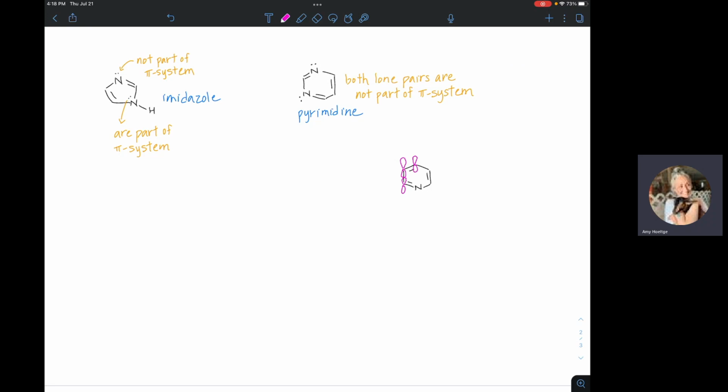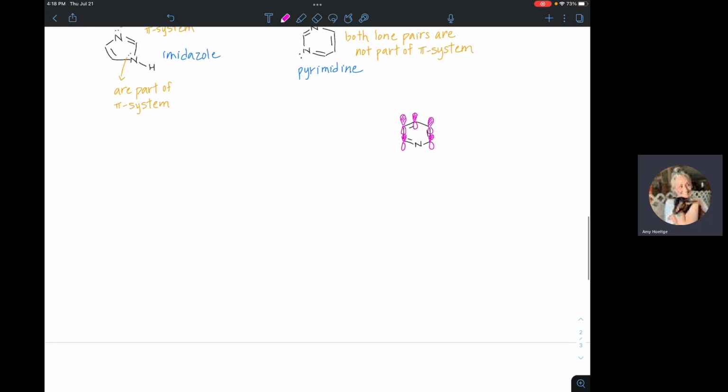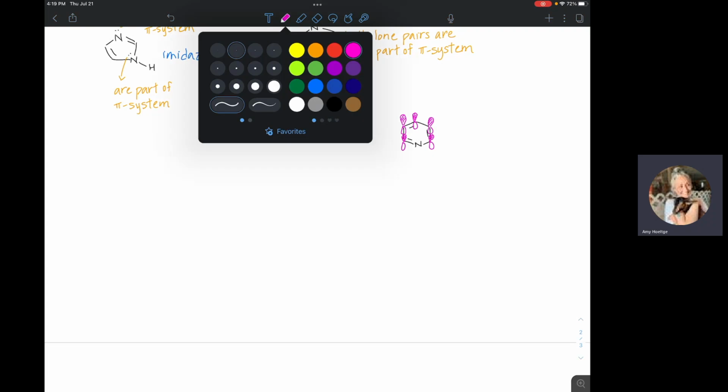Not the easiest thing to draw very clearly, but I'm trying to show you that these are all sticking up above and below the ring, right? So all of these electrons in the aromatic system are in these unhybridized p orbitals, right? That are sort of sticking above and below the ring.